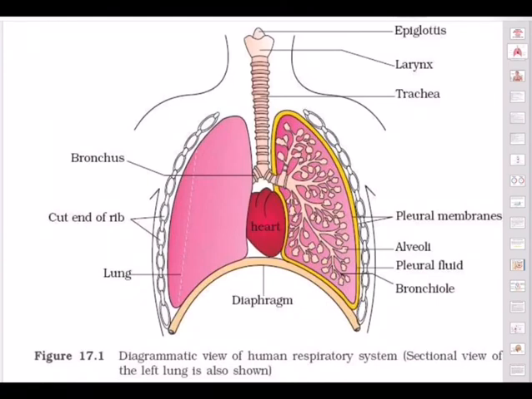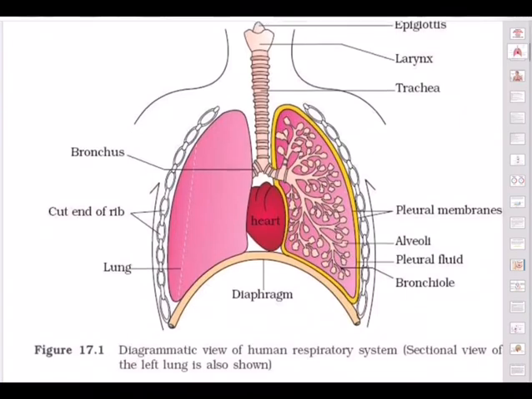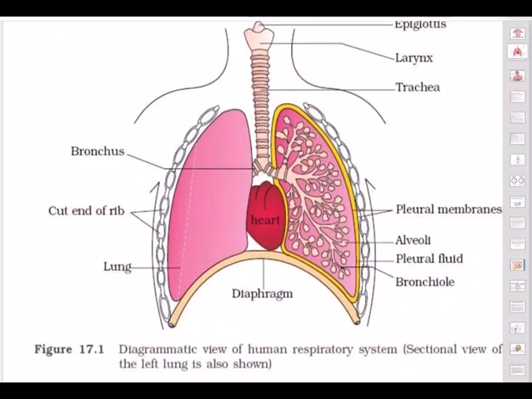The process of respiration involves inflow of air between atmosphere and the alveoli of the lungs. First breathing. Then after breathing, diffusion of O2 and CO2 across the alveolar membrane. And third, from alveoli, O2 is transported to blood. From lungs it goes to blood. And diffusion of O2 and CO2 between the blood and the tissue.